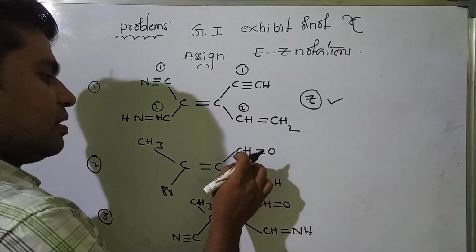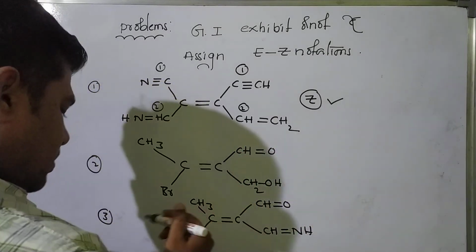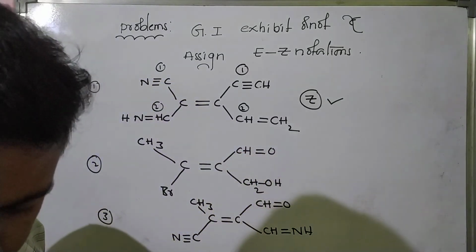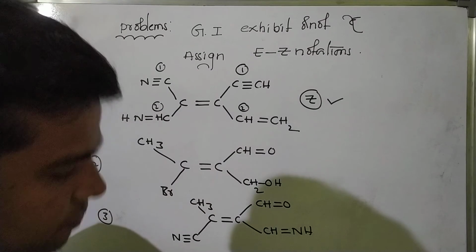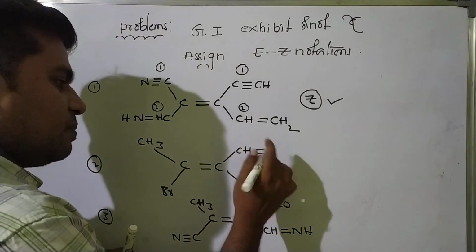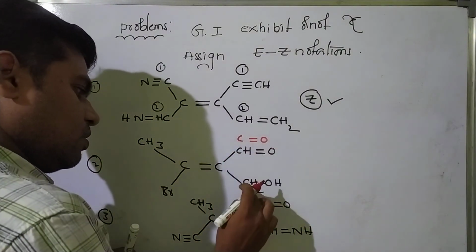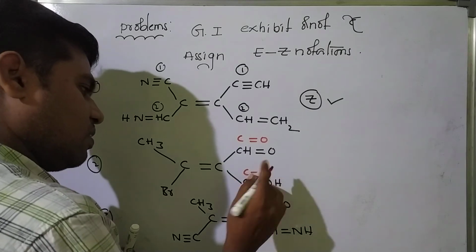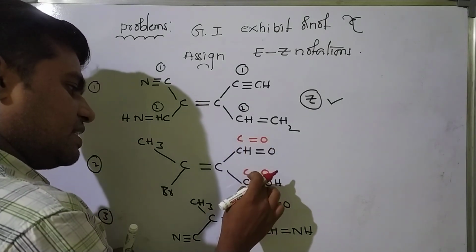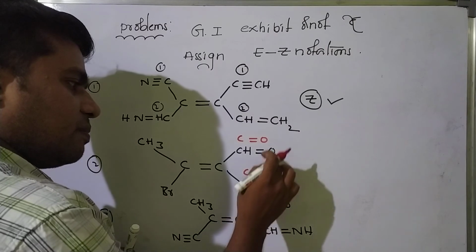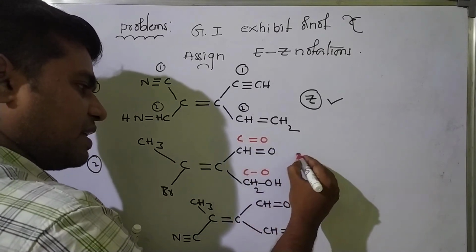Here C double bond O. Listen students, here very important. Here this is C double bond O, so this is C single bond O. So this is double bond, this is single bond, which means same atoms are involved here.